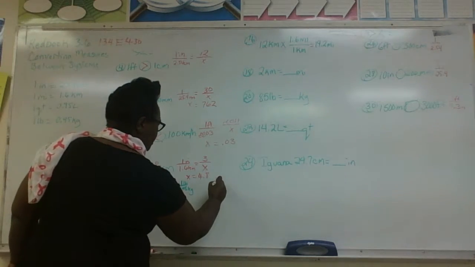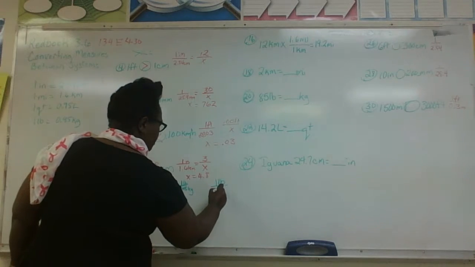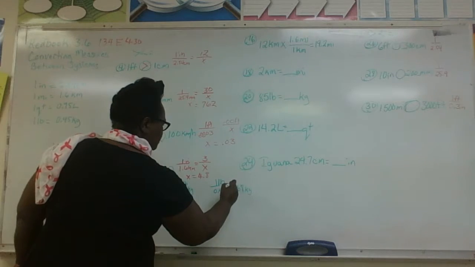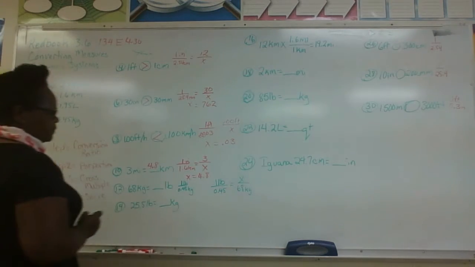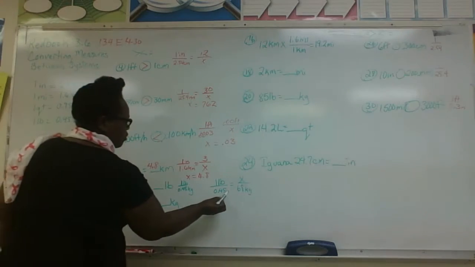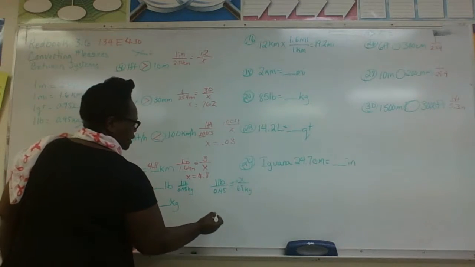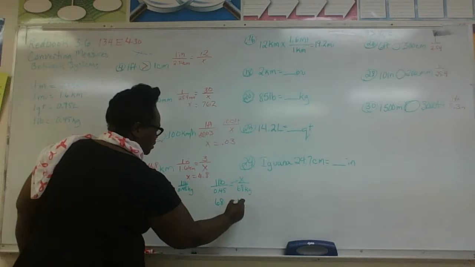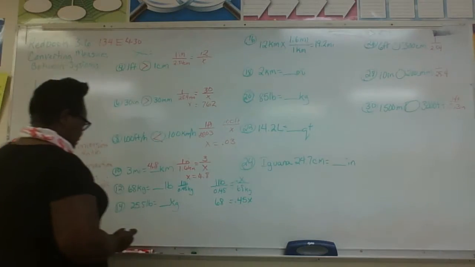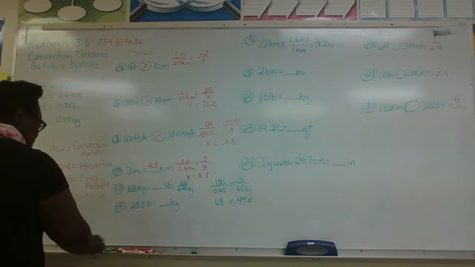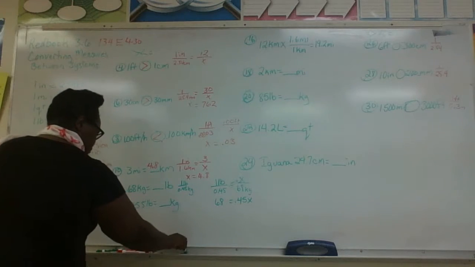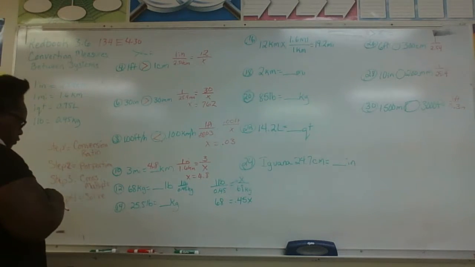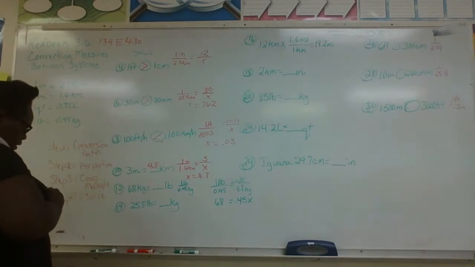So 1 pound, we have 68 kilograms, and then we solve. So we need to cross cancel, and therefore we have 68 kilograms is equal to 4,500 X. Now we take our calculator, and we're going to solve for X.